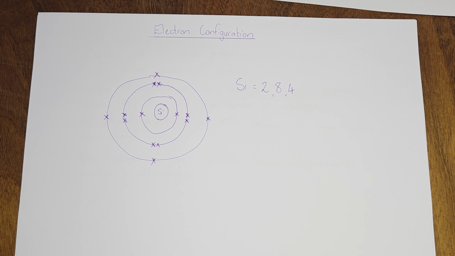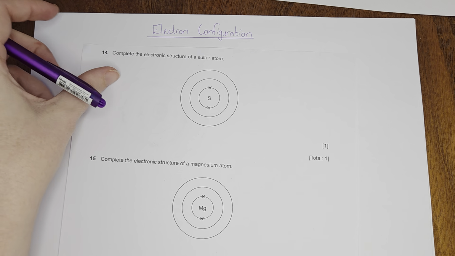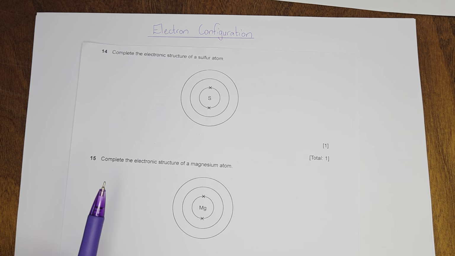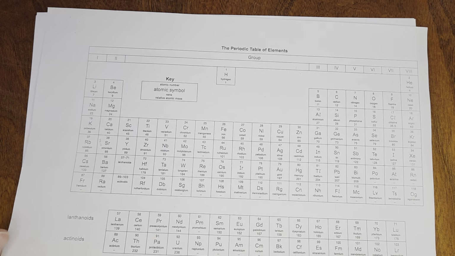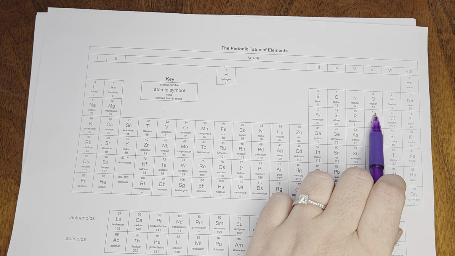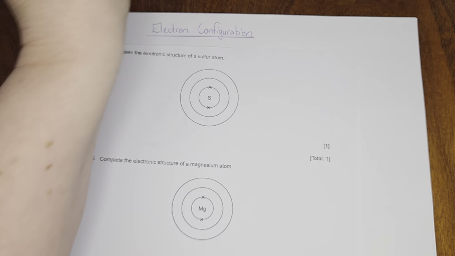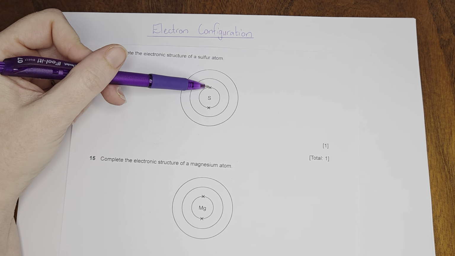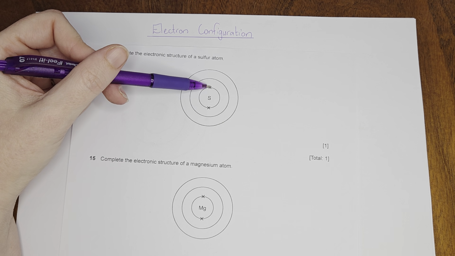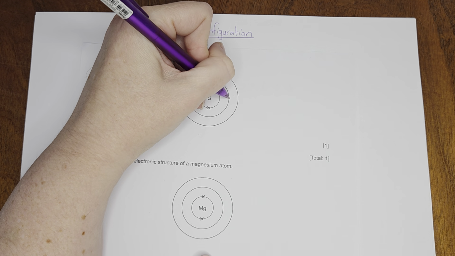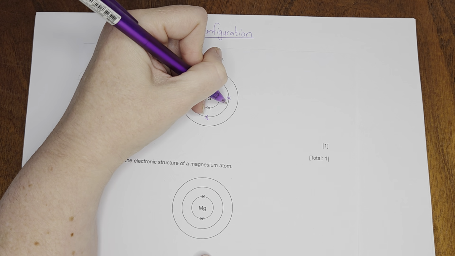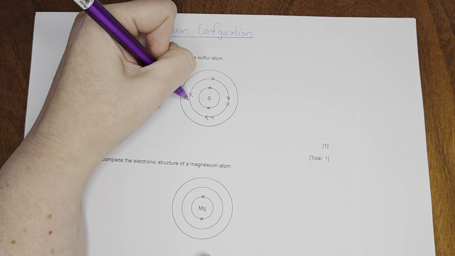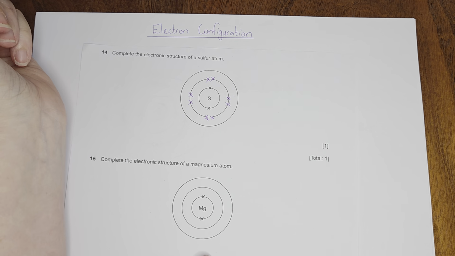So your types of questions. If I have to draw the electron configuration for sulfur, I look up sulfur on the periodic table and I find that it is 16. So I need to draw 16 electrons. And they did the first 2 for me already. So that's 1, 2. Then I say 3, 4, 5, 6, 7, 8, 9, 10.